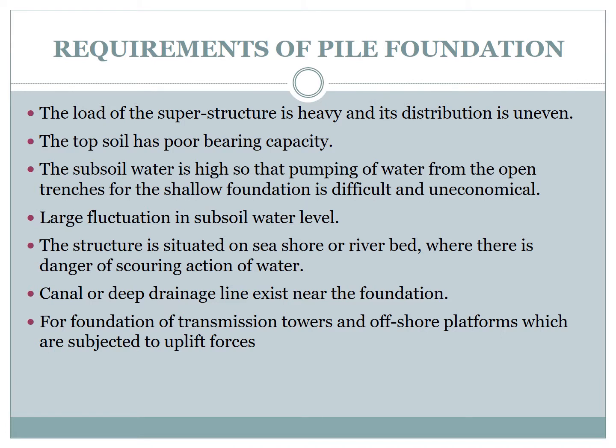When the stratum at the ground surface is highly compressible and too weak to support the load transmitted by the structure, or the load of the superstructure is heavy and its distribution is uneven, or the top soil has a poor bearing capacity, we also use the pile foundation.